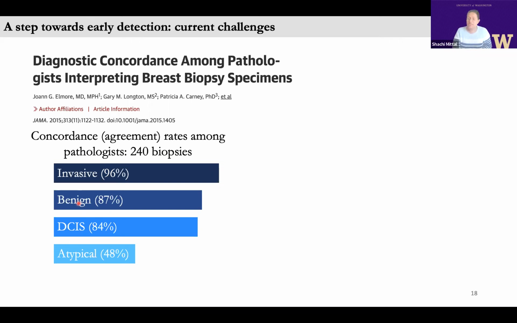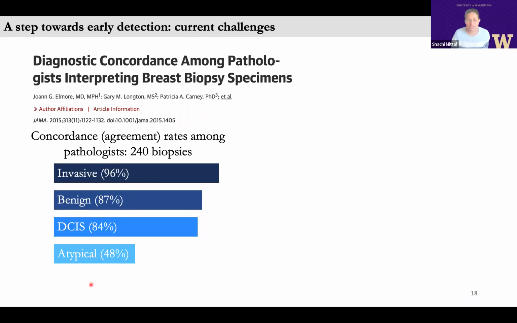In 13% of the cases, they were confused whether the patient actually is normal or has cancer. DCIS, which is cancer in situ, which is stage 0 cancer, the percentage concordance was 84%, which means that in 16% of the cases, they were confused whether it's early stage or advanced stage.